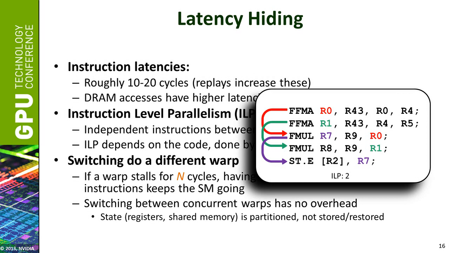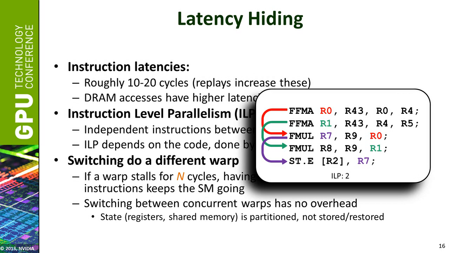Here we have to wait around 10 clock cycles before R0 is ready for the multiply instruction to consume. In between, we have another floating point multiply instruction that is not dependent on register 0. We can issue this instruction in one clock tick, and after that we can issue the following instruction because they are independent.